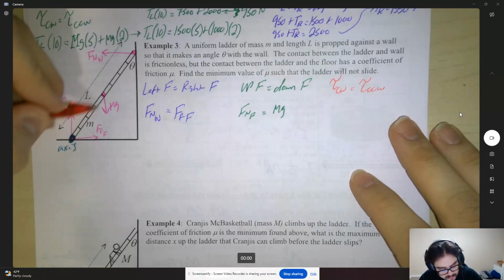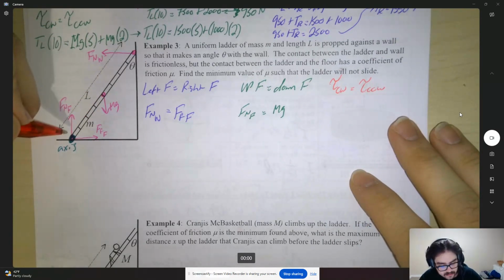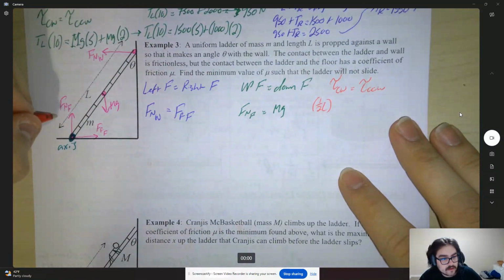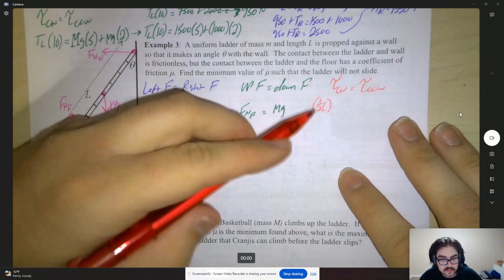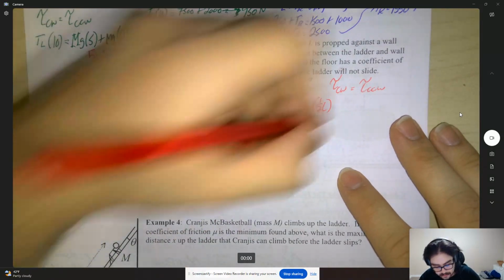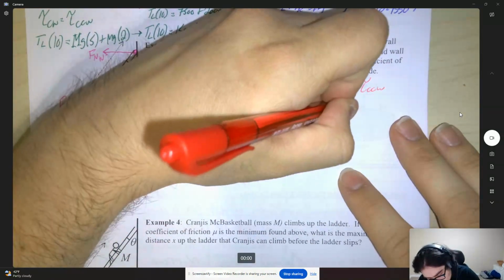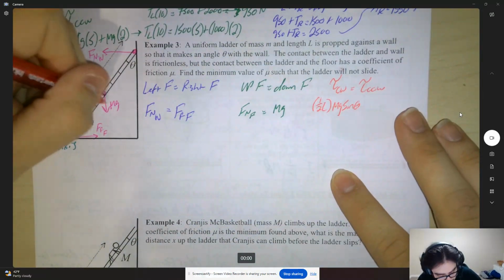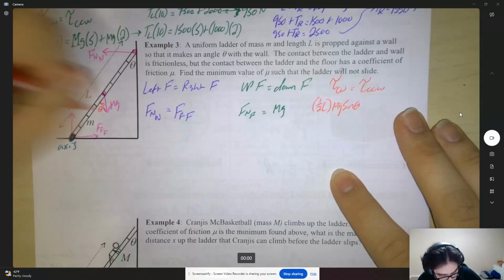This right here is half the length, so I can do 1/2 L, that's R, F is mg, mg sine theta. And that makes sense because this component right here should be theta, right?